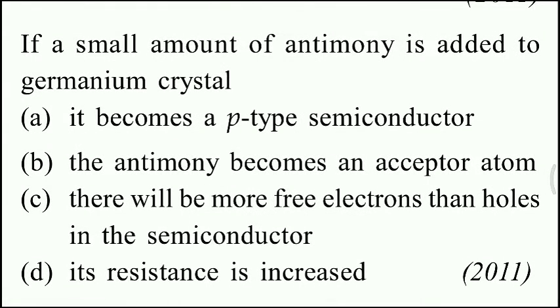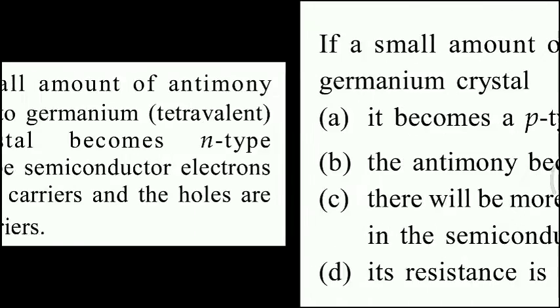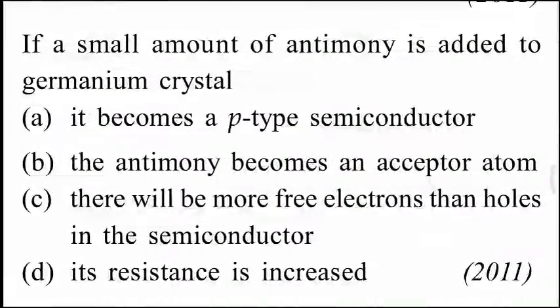If a small amount of antimony is added to germanium crystal, it becomes a p-type semiconductor. The antimony becomes an acceptor atom. There will be more free electrons than holes in the semiconductor. Its resistance increases. Yes, option C is correct.